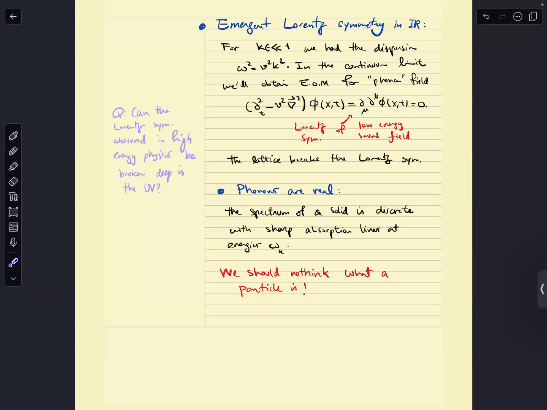You could measure their momentum and their energies, and you could see them. One very clear piece of evidence is that if you look at the spectrum of a solid, it's discrete, and there are sharp absorption lines at these energies. This is the smoking gun evidence for a particle. So these are real, genuine particles. Phonons are particles.